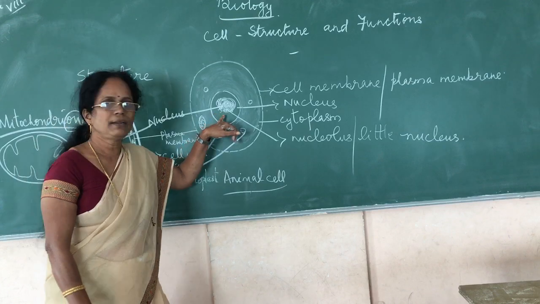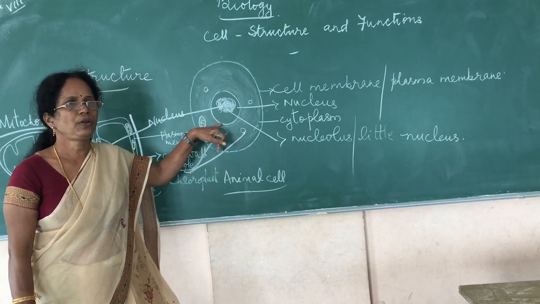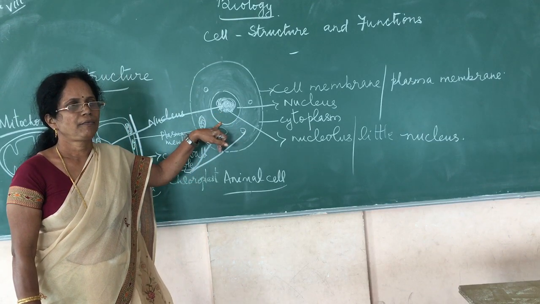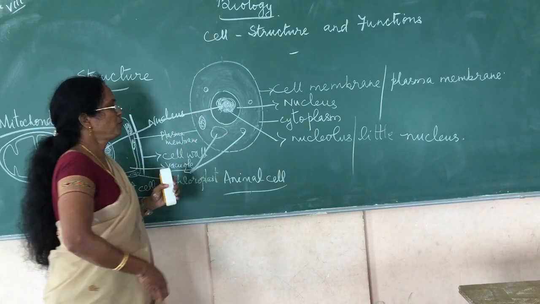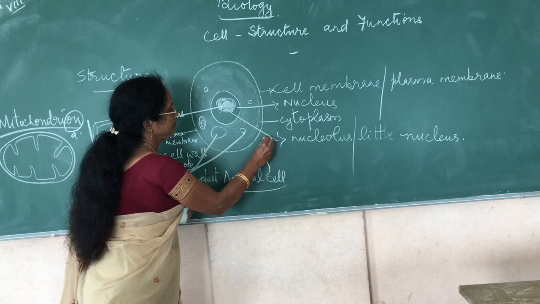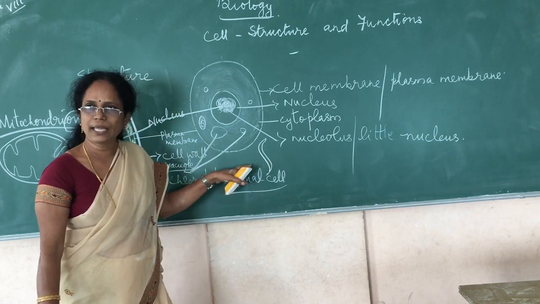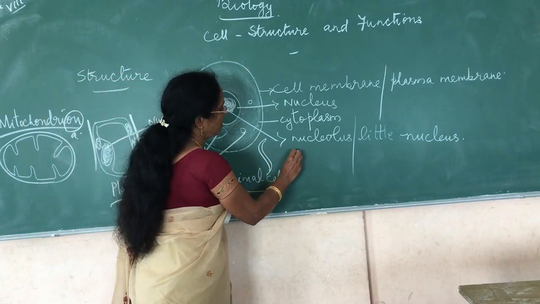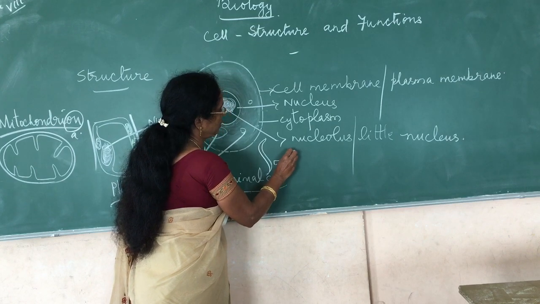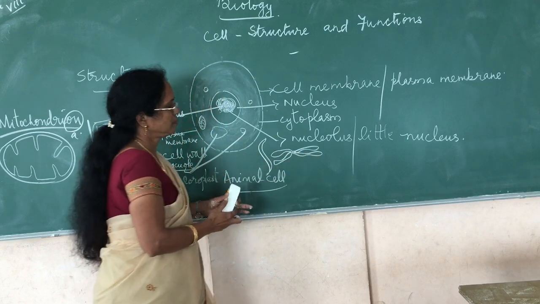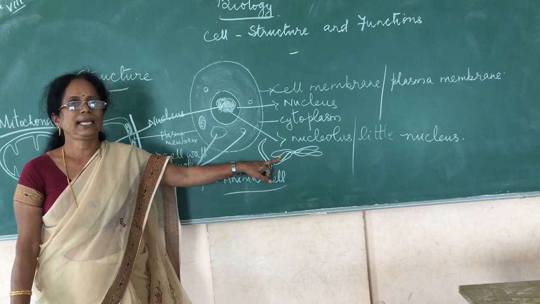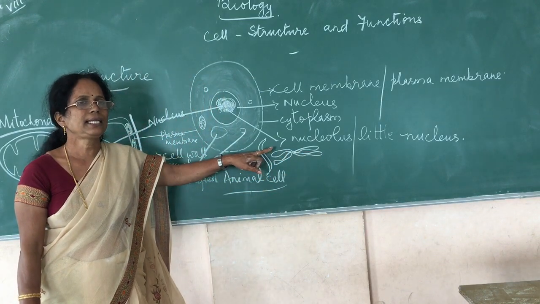The nucleus contains the nucleolus, which contains a network of chromosomes. Chromosomes are like this. When you study chromosomes in depth, their shape is like this. These carry the genes.